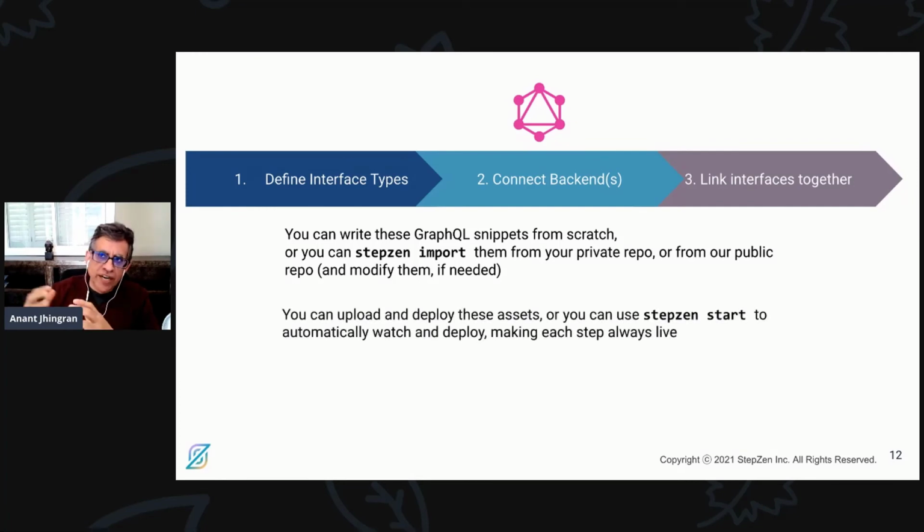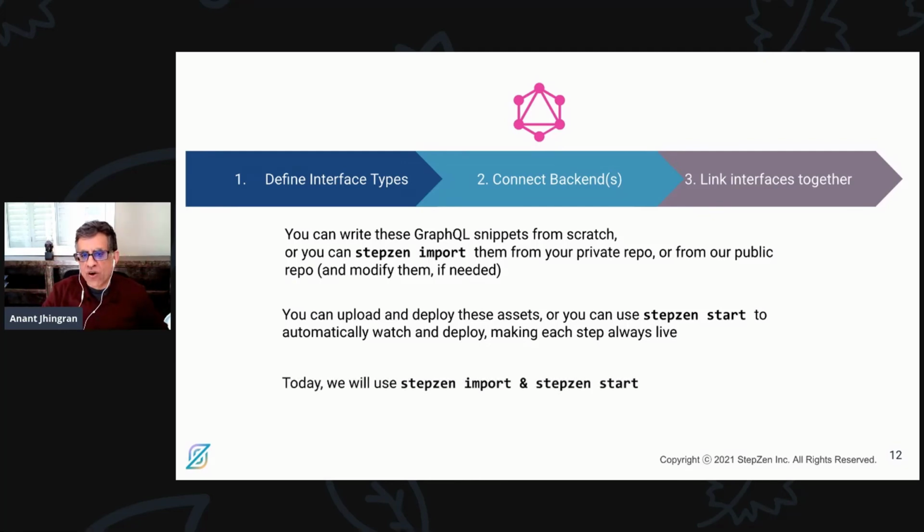You can upload and deploy these assets on StepZen so that it's an always-on live endpoint, or I'll show you how you can use StepZen start to automatically monitor it. So in today's demo, we will do StepZen import, which will pull, and StepZen start, which will watch and deploy. So you'll always have a live endpoint as you build up more and more complexity into your GraphQL system.